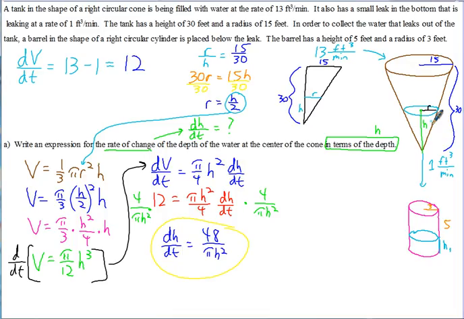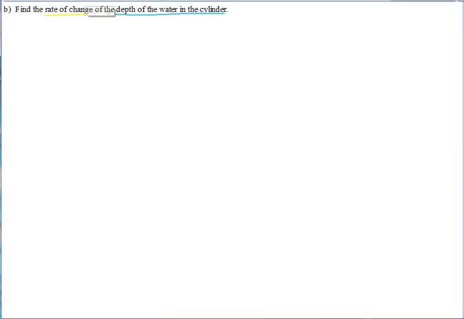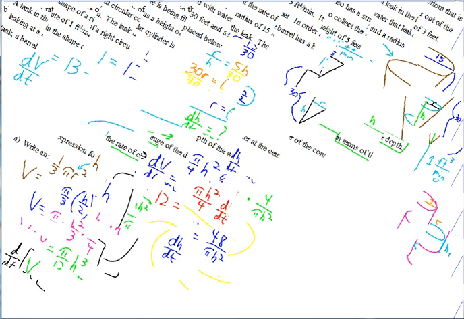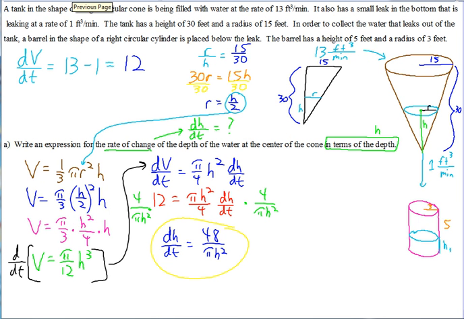So we can still use the letter h, but distinguish it from the height of our cone. What we're trying to find is its derivative, its rate of change. So we're looking for dh sub 1 dt. And the rate we know is dv dt, but would it be the same for the cone as it is for the cylinder or not? For the cone it's going in at 13, coming out at 1, so we did 13 minus 1.